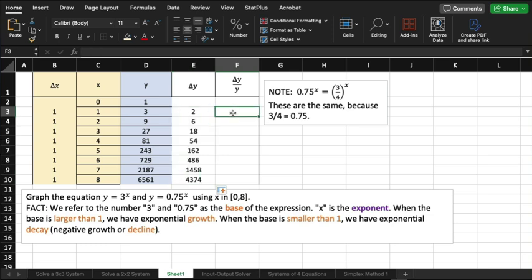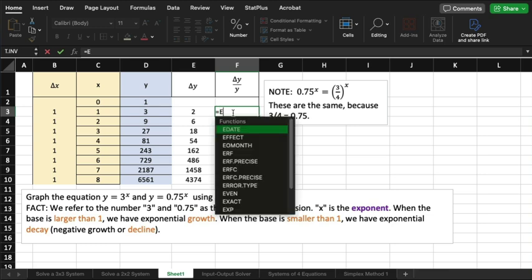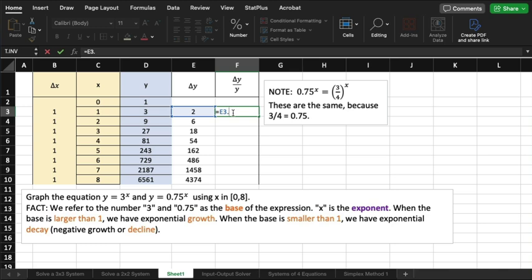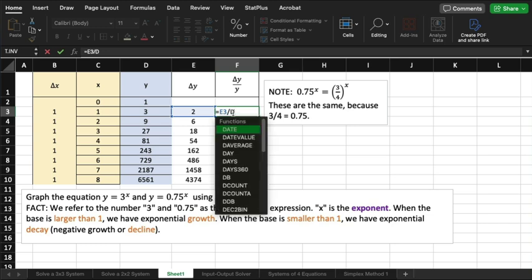Now we're going to do a slight change here because this is going to give us our actual rate of growth. We're going to take our delta y that's right next to this cell, in E3, but instead of dividing by the y value in the same row, we're going to divide by the y value right above it. So we're going to divide by D2.